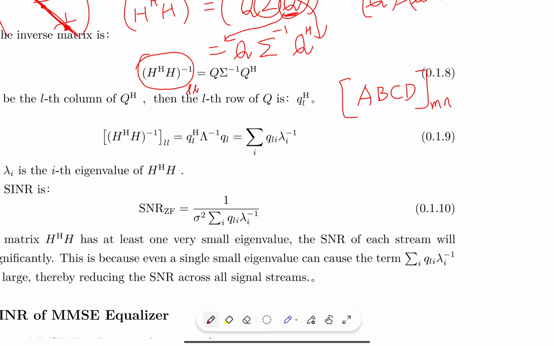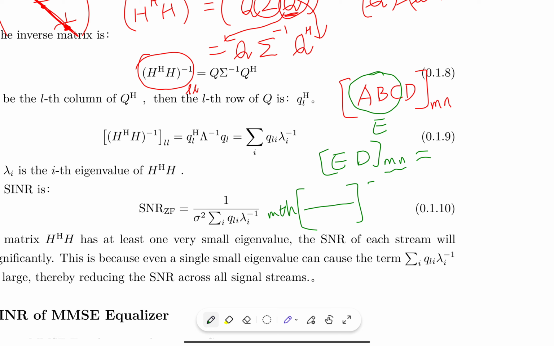We can treat the first three as one matrix, say E. So we know E and D, we get the element Mn. For the multiplication of two matrices, to get one element of the result, we use E's mth row times the matrix D's nth column.